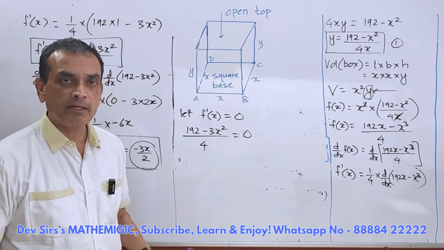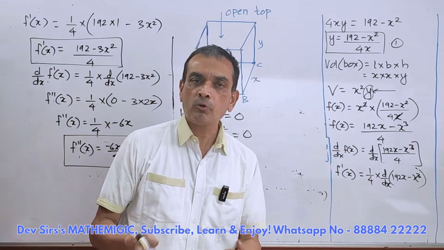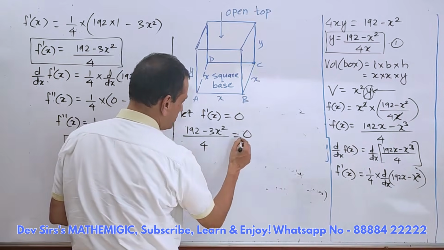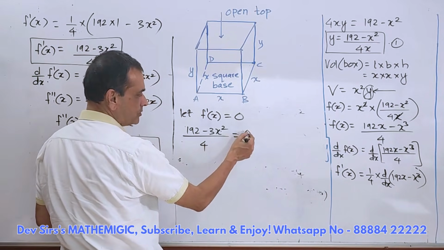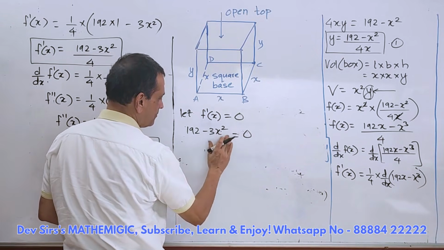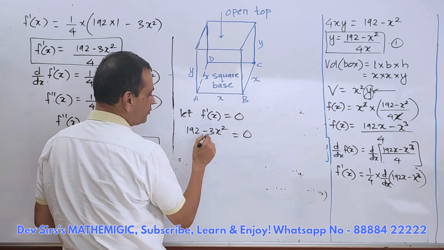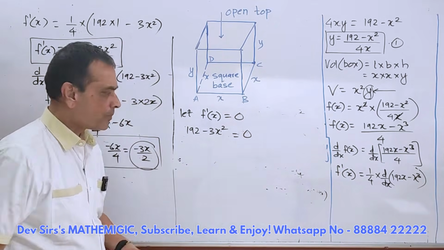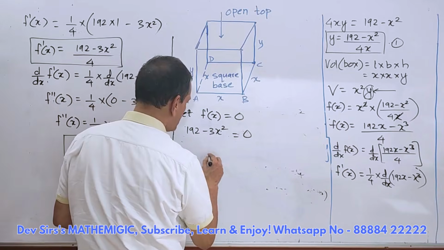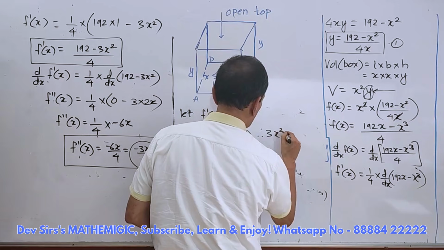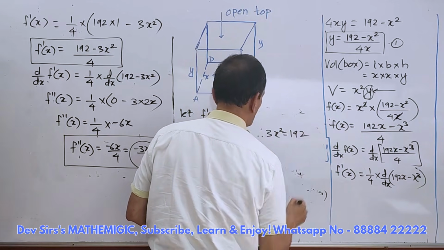So whatever f dash x you get in any particular problem, you have to equate that to 0. Now solve that equation. 0 into 4 is 0, right? So simply rub कर देता हूँ. So you get 192 minus 3x squared equal to 0 because 4 यहाँ पे लेने के बाद वापस 0 आएगा. So take 3x squared on the other side, you get 3x squared equal to 192.